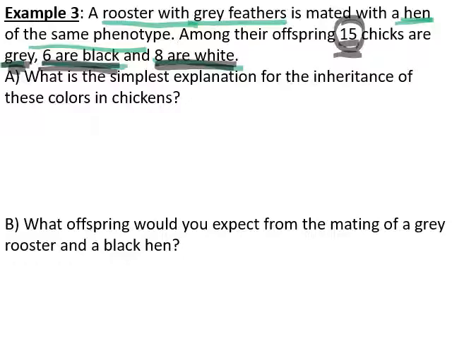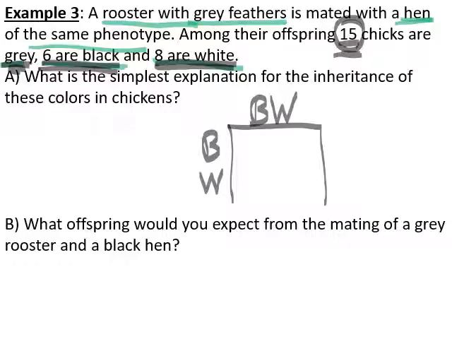And let's just try this out. If the gray trait came from feathers that were black blending with feathers that were white, and that was the genotype of a gray chicken, and it were to breed with another gray chicken, which has the same phenotype, could we explain the outcome we see in their offspring?